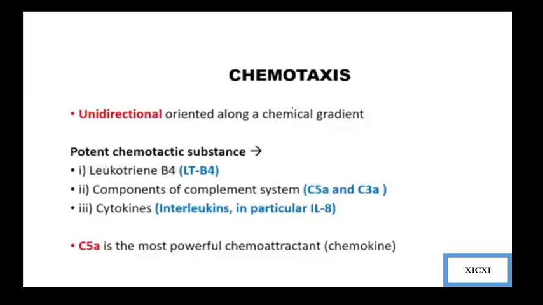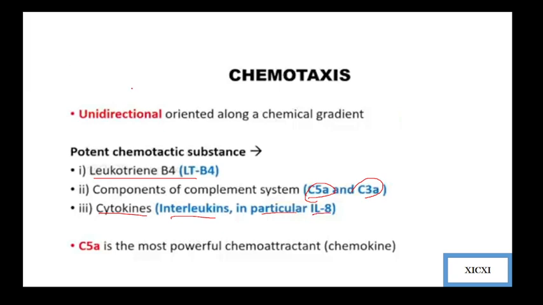So let us talk about the chemotaxis movement, where we have chemicals like leukotriene B4. These chemicals help in the chemotaxis movement, where neutrophils detect exactly where the pathogen is. As I have said, the complement also helps there. There are also some cytokines which help, like interleukins, particularly interleukin 8.